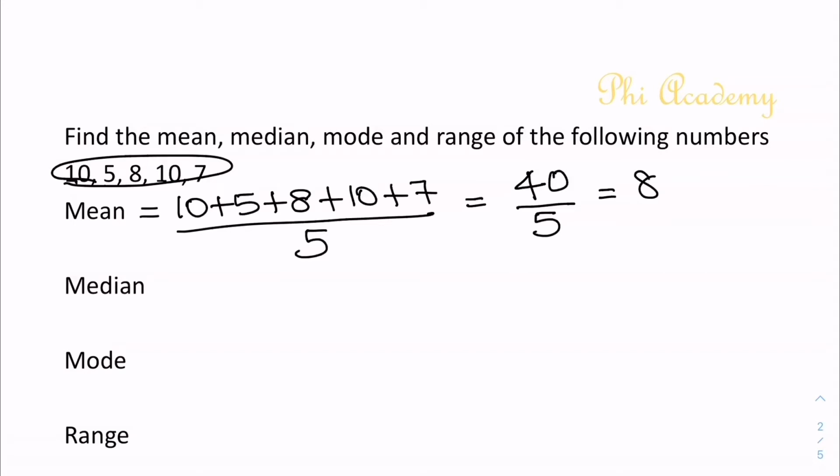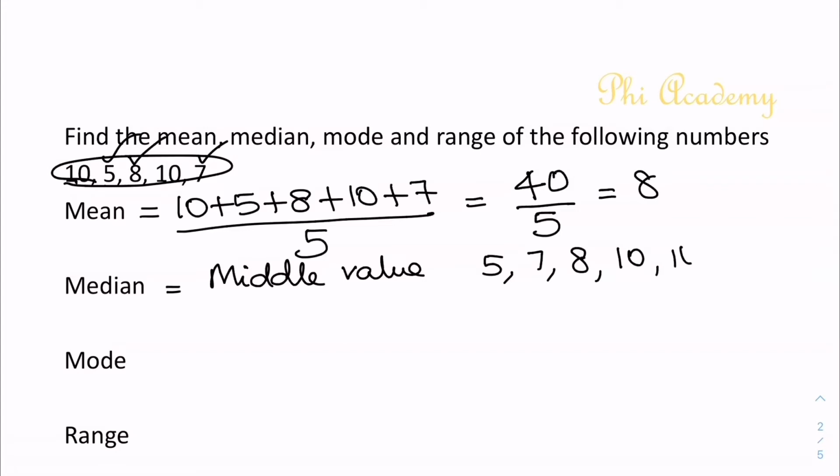Looking at the median. Median is nothing but the middle number. So we will have to, before we proceed, put them in order. So we have our 5, which is the smallest, and then followed by 7, followed by 8, and then 2 tens.